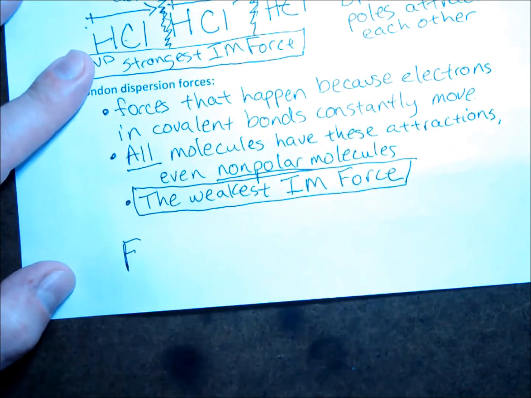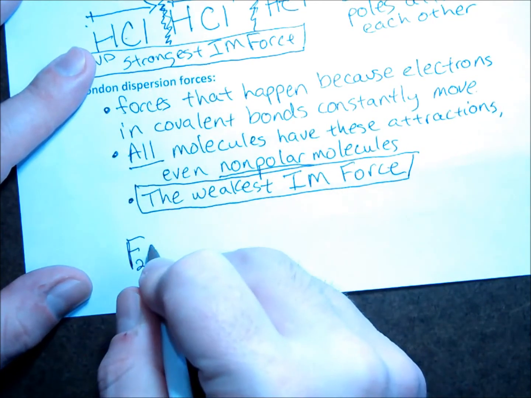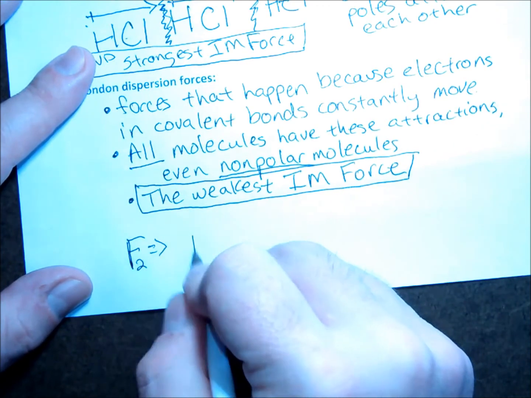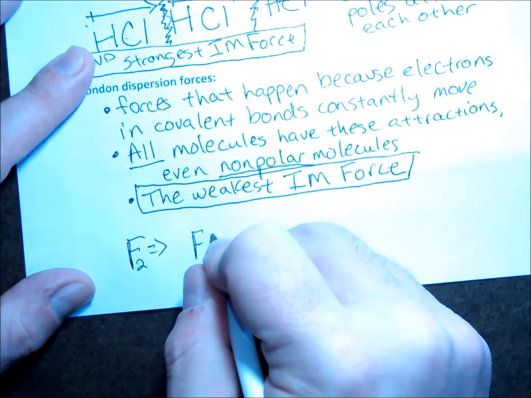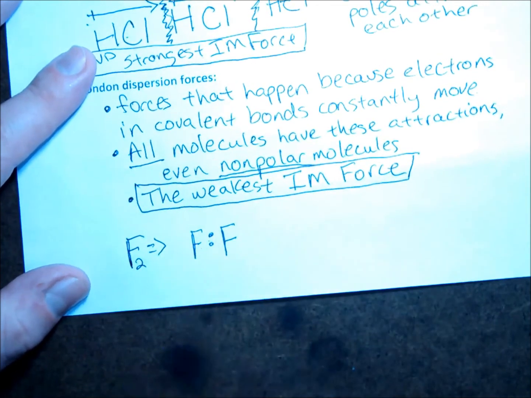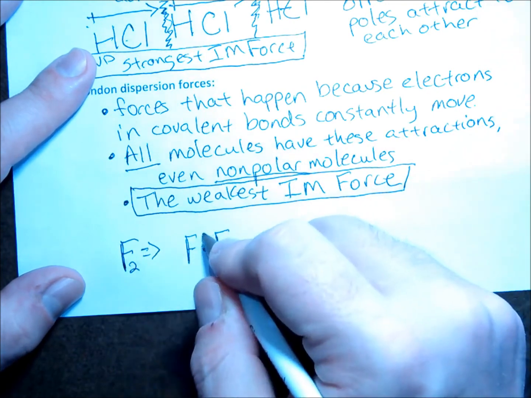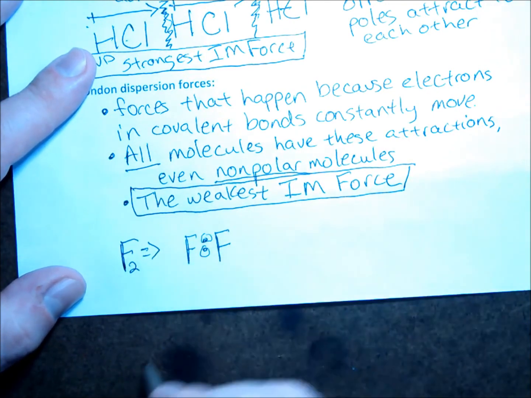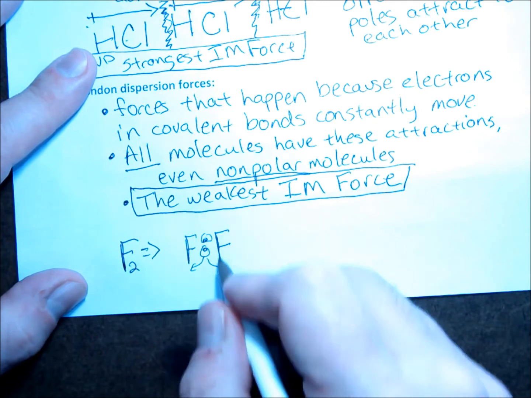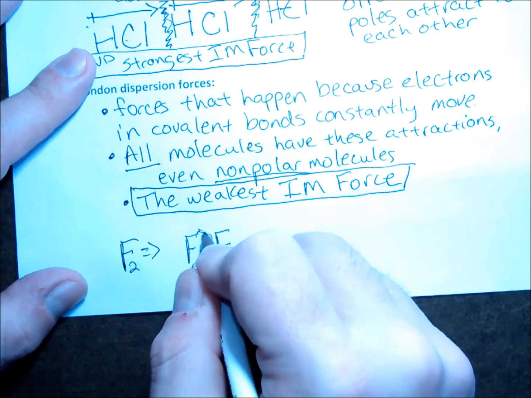So the example I want to do is fluorine gas F2. And so what I want to show you is this. Picture two F's joined together with a single bond just like that. Okay. And these electrons here are constantly moving. Sometimes they're there, sometimes they're there, sometimes they're there. Okay.